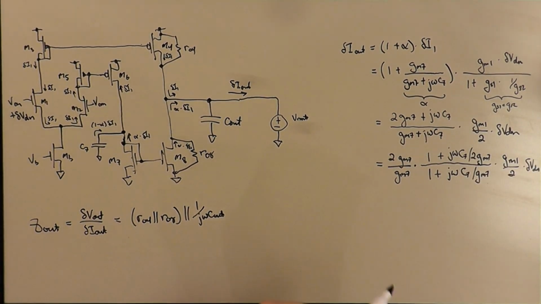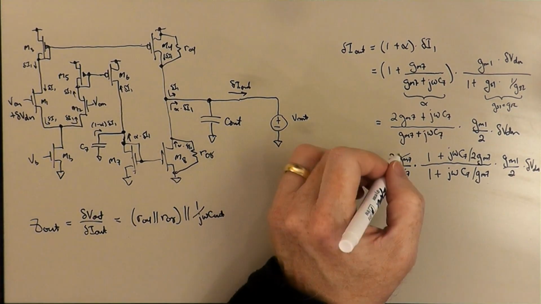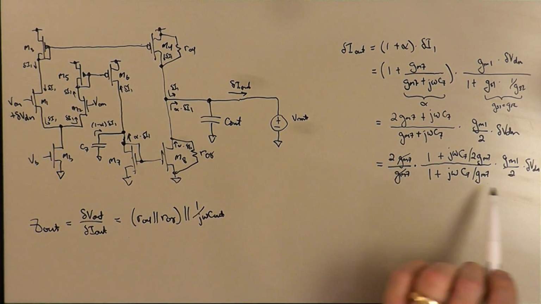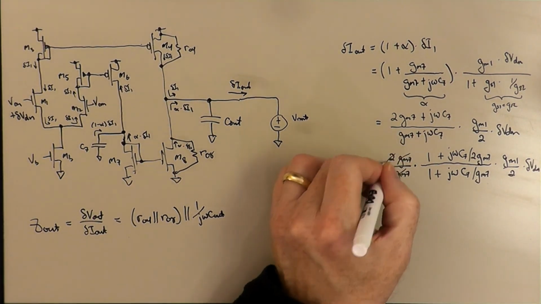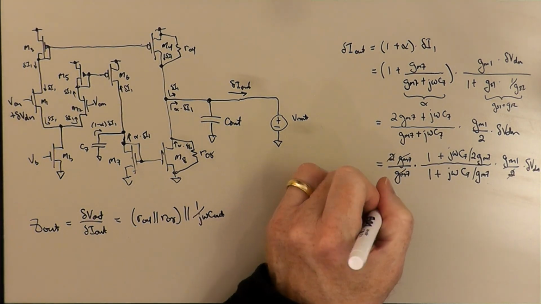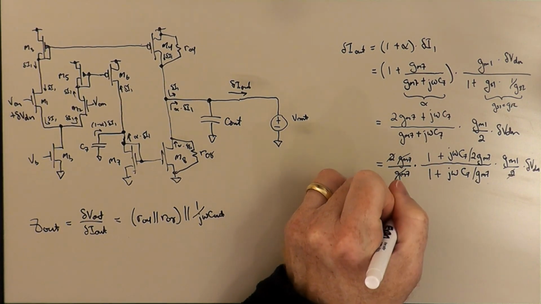Okay, so now a number of things happen here. We have the gm7s canceling. We have a 2 upstairs, just like we had without the c7, canceling with the 2 down here. And so at the end of the day, we're going to move the gm1 over here. We have a gm1.